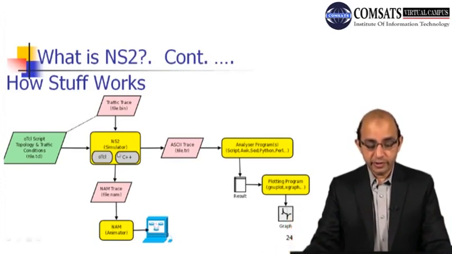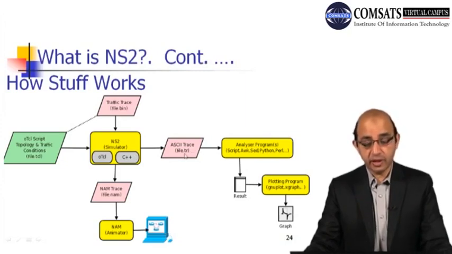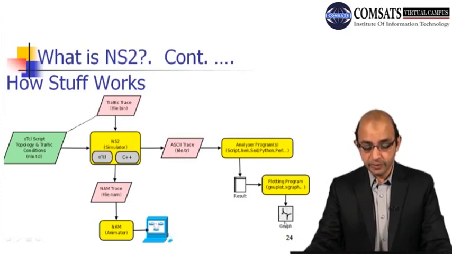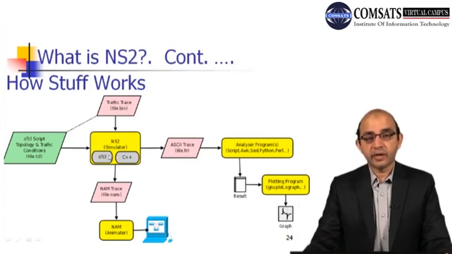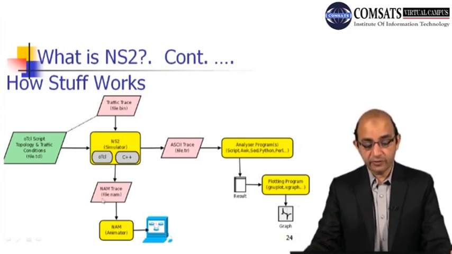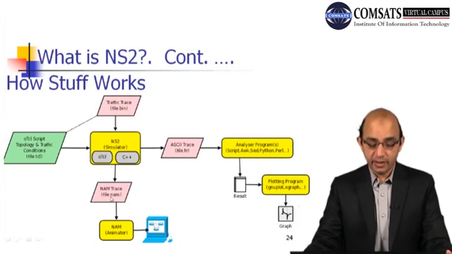After the simulation we can have the ASCII trace file, that is .tr, and that tr file can be used in order to plot the graph by using xgraph, or we can use another tool, that is NAM, network animator, and here we have the .nam file, and after having this file we can play this file by using the network animator.